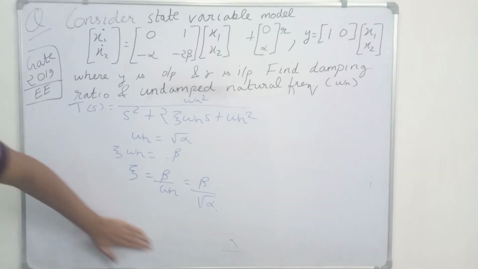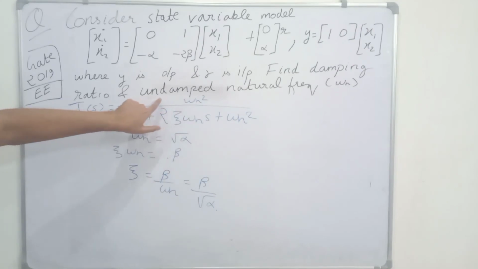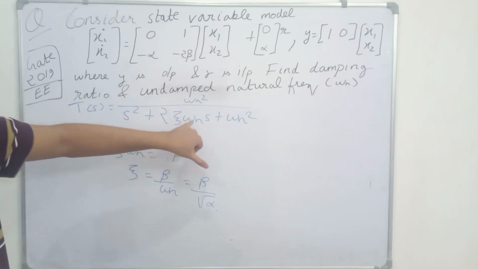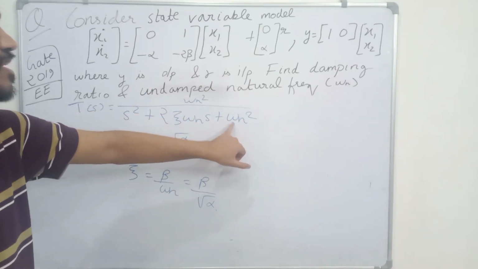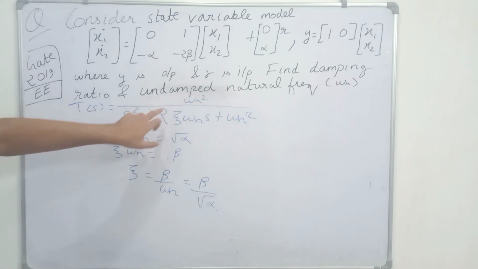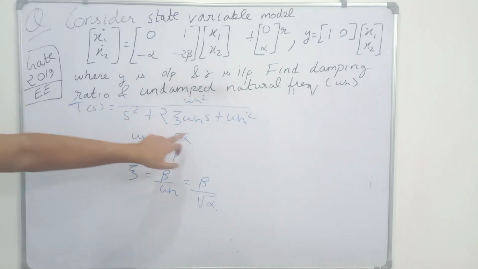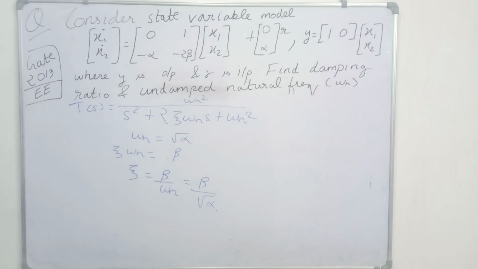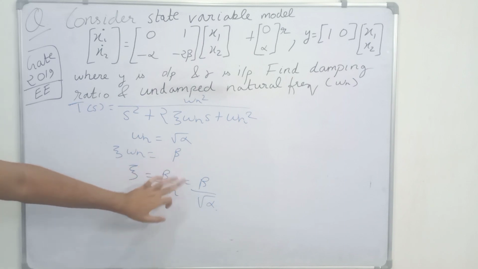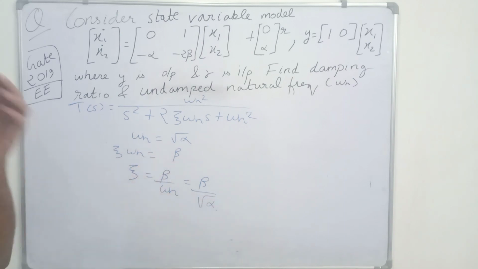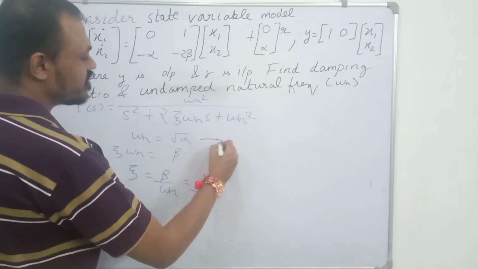Then we compared with the general form of the transfer function, omega n squared upon s squared plus 2 zeta omega n s plus omega n squared. Our transfer function was alpha upon s squared plus 2 beta s plus alpha. So omega n is equal to under root of alpha and zeta omega n is equal to beta, so zeta equal to beta upon under root of alpha. So these are the answers for this question.